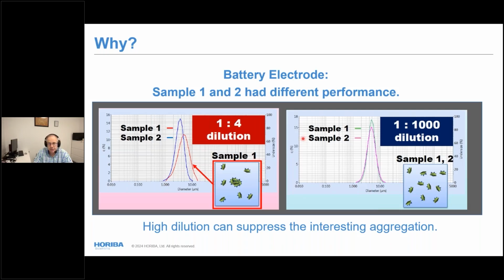If you dilute 1000x, so your particles were well separated and you could work with a larger volume system like the solvent flow or a fraction cell, you would see the same particle sizes. So the high dilution was suppressing the aggregation that was actually interesting to the customer in this case. And so here's a case where you would put up with the cleaning in order to get the data at higher concentrations.